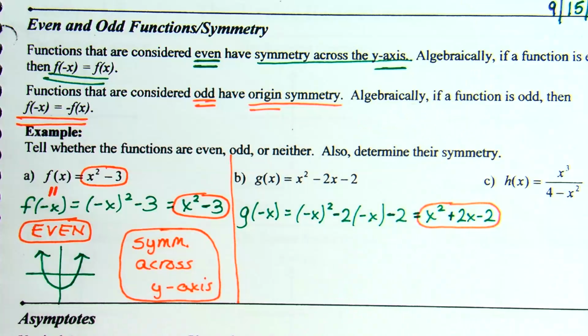What do I know right now? Okay, it's positive 2x instead of negative 2x, so these are not the same, are they? So at this exact moment, I wouldn't say it's odd. I would say it's not even at this point. I don't know about odd yet. Does that make sense?